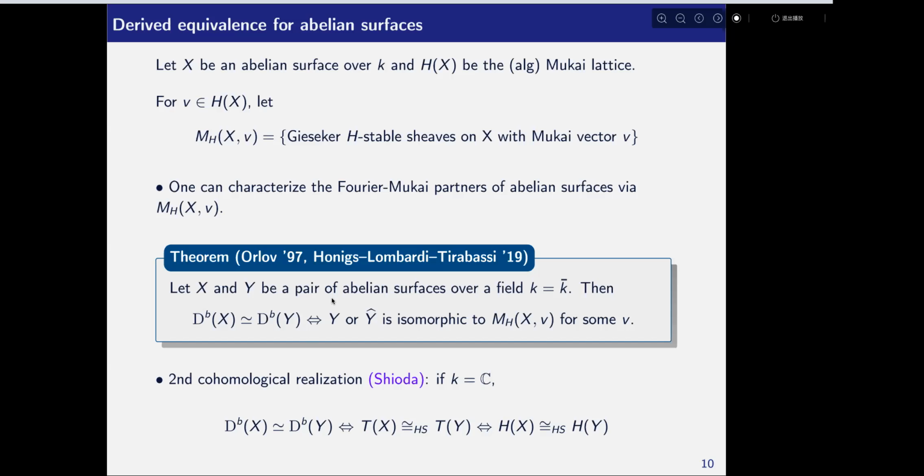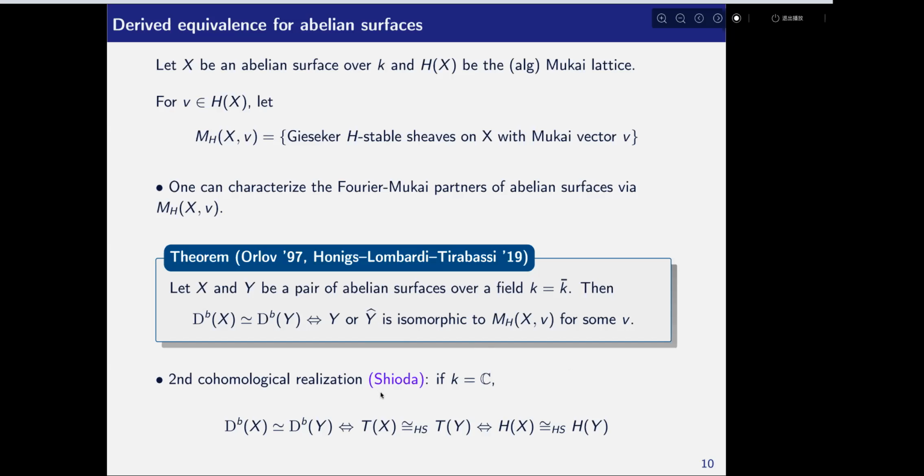The only difference between the K3 and the abelian case is that for abelian surfaces, you have to notice that the dual of the abelian surface is also its Fourier partner. So you always have some dual here: Y or Y dual is isomorphic to some moduli space of sheaves. For K3, there's no dual construction, so the K3 surface will just be isomorphic to some moduli space of sheaves.